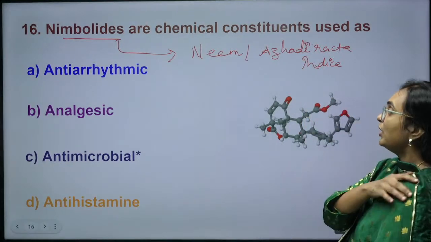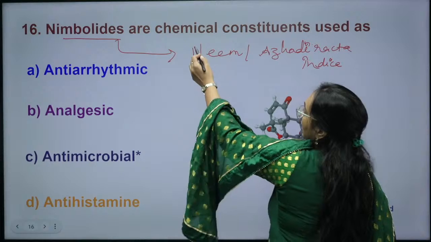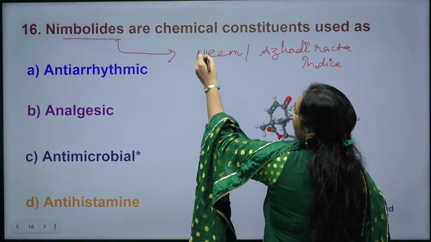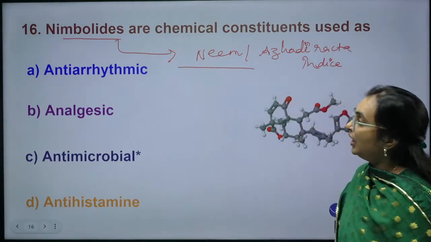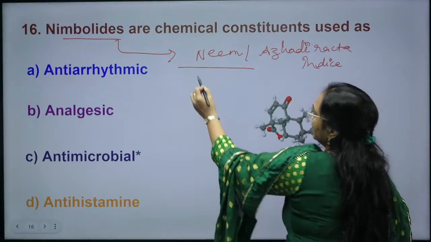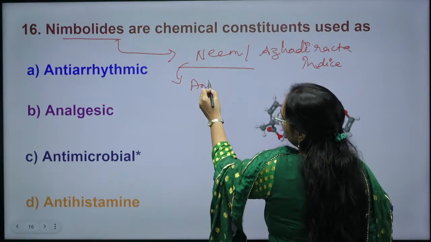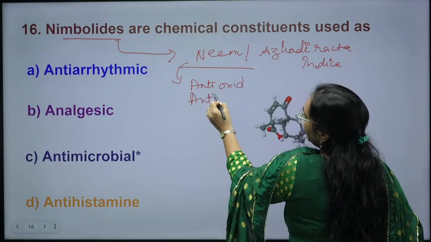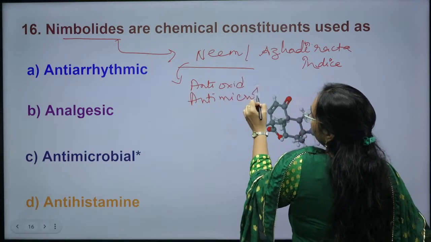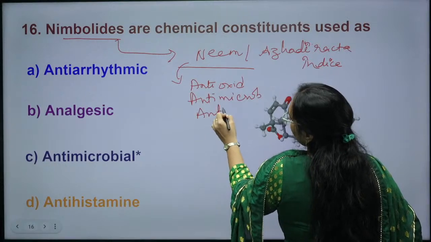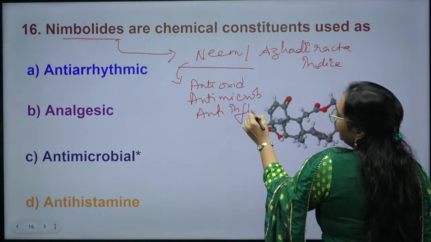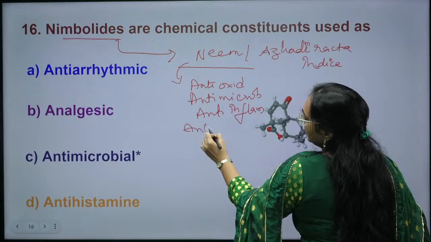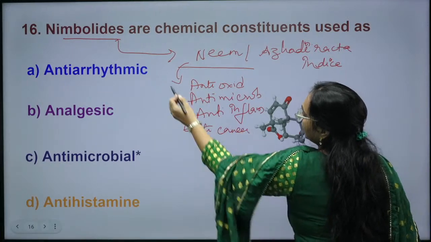So, nimbolides are the common chemical constituents present in the neem plant, and they have different activities like antioxidant, antimicrobial, anti-inflammatory and anti-cancer properties.